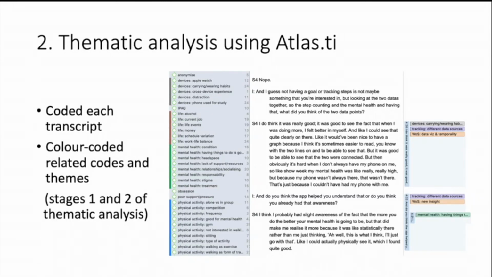What I then did was follow thematic analysis by Braun and Clarke using Atlas.ti, a specialized qualitative data software, and I coded each transcript. You can see here a screenshot of what the coded data looks like.